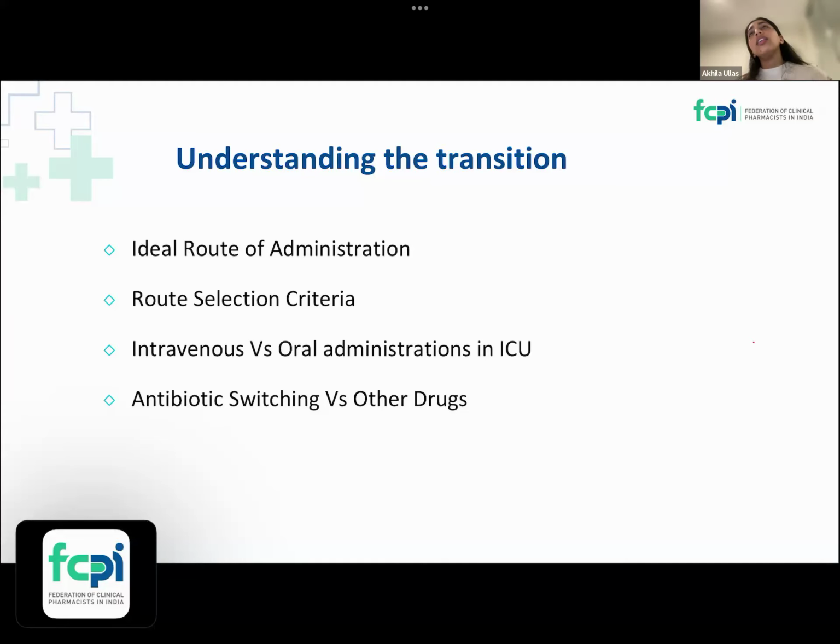Wherever you look in hospitals, there is more focus on antibiotic switching. Not everyone is focusing on the other drugs on the patient's drug chart. First we focus on the antibiotics, but it is equally important for the other drugs given to the patient.